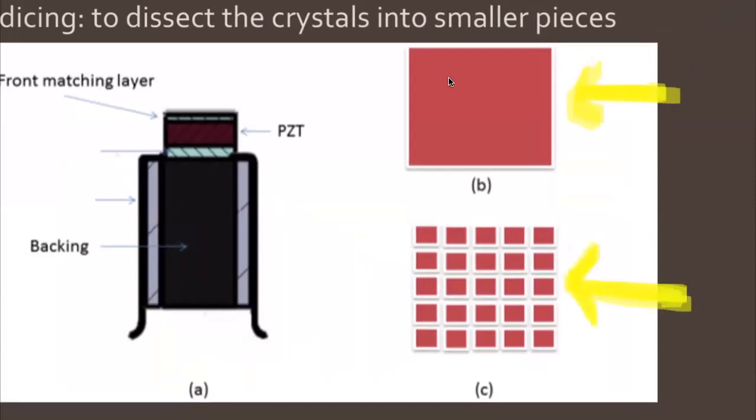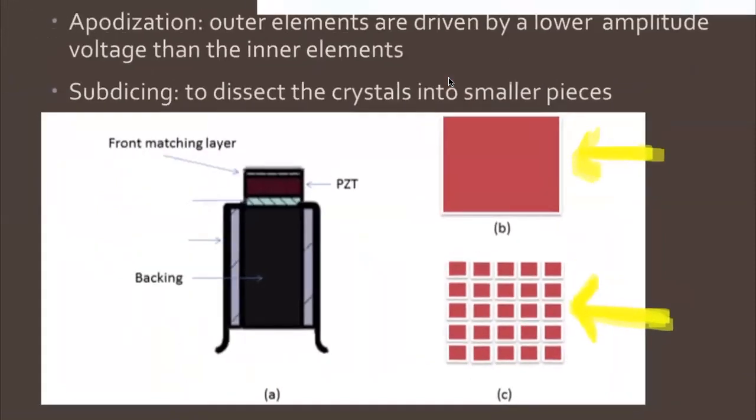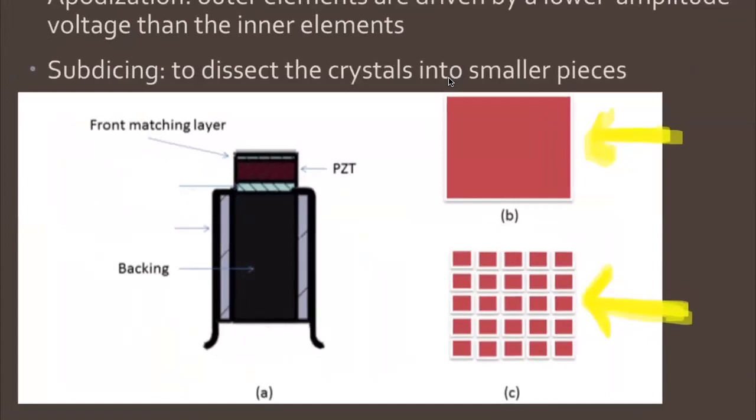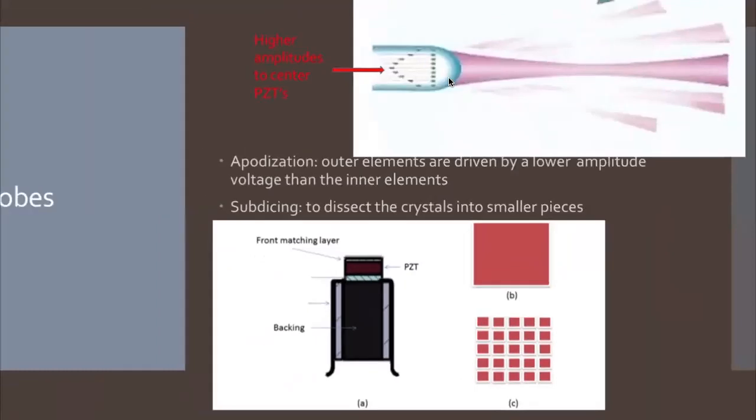Those small PZTs are put into the transducer, and that will get rid of grating lobes. That's all we know about it. It's literally, look at the definition, to dissect the crystals into smaller pieces. Subdicing, dice them up. Apodization is a little bit different. Apodization is where outer elements are given a lower amplitude voltage than the inner elements.